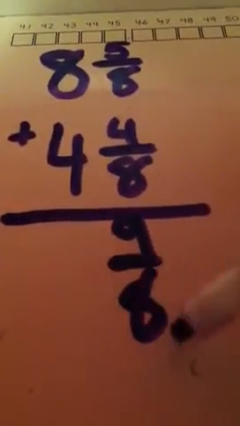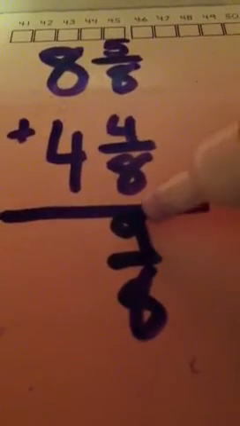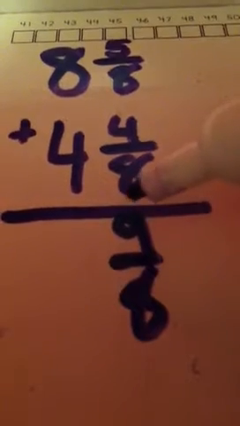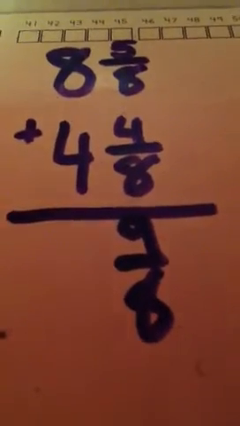So you're going to have to regroup this fraction. Since your denominator is 8, in order to get this so it's not an improper fraction, you're going to have to take the whole number out of the improper fraction. So since the denominator is 8, I'm going to take 8 out of the numerator.